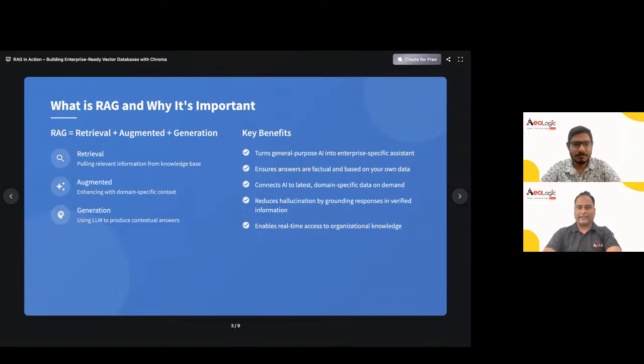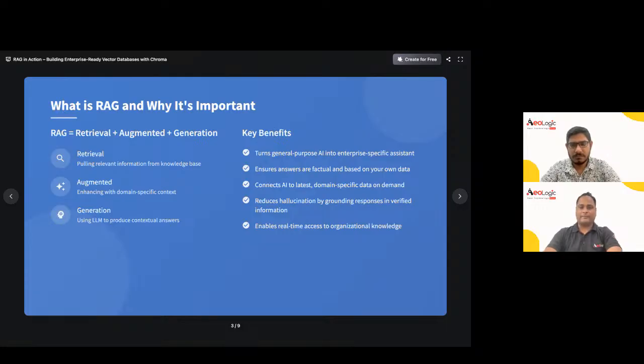Think of it like giving AI a private knowledge base where it does not hallucinate or rely on old data, but answers based on your verified internal information. And the heart of this architecture is the vector database. A vector database is where you put all your knowledge, indexed and ready for intelligent retrieval.